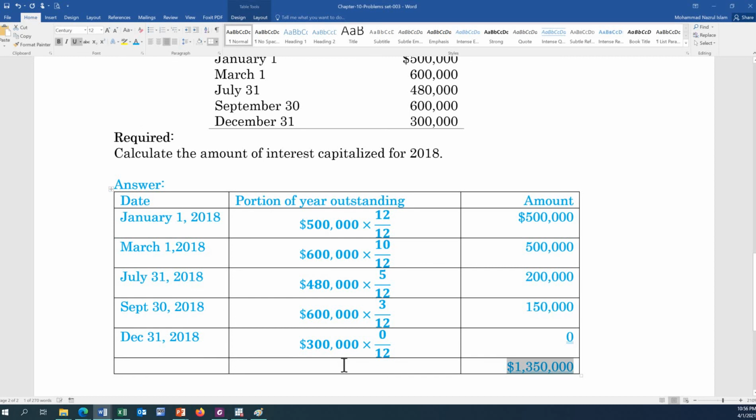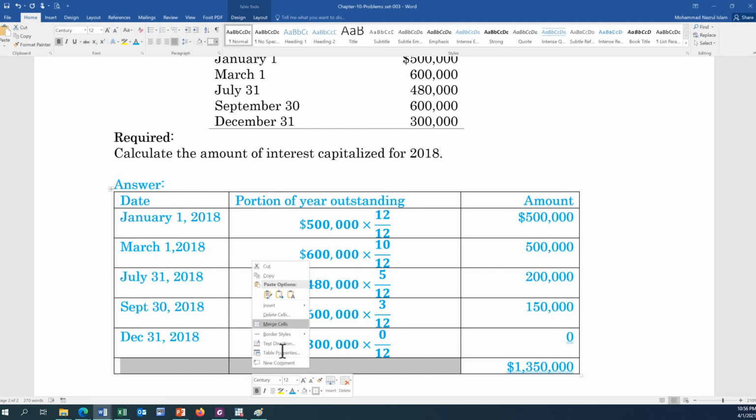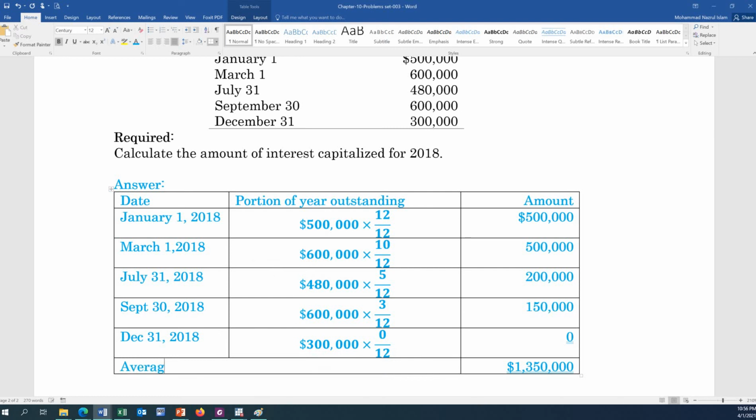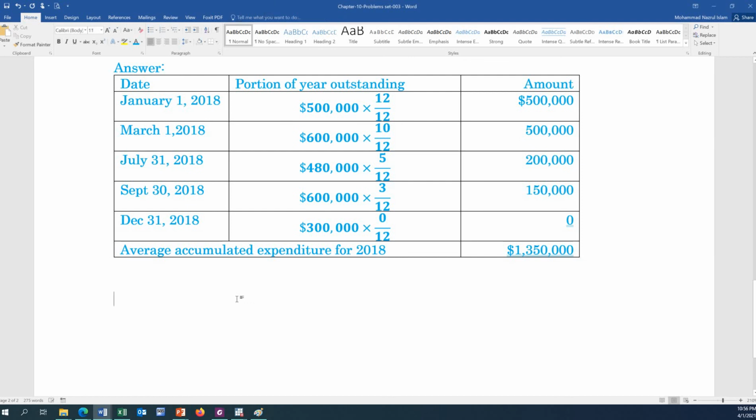This is our total, the average accumulated expenditure for 2018.